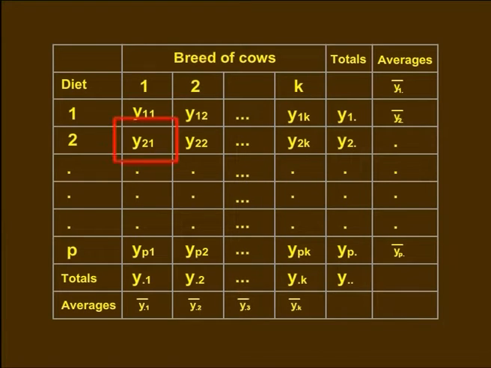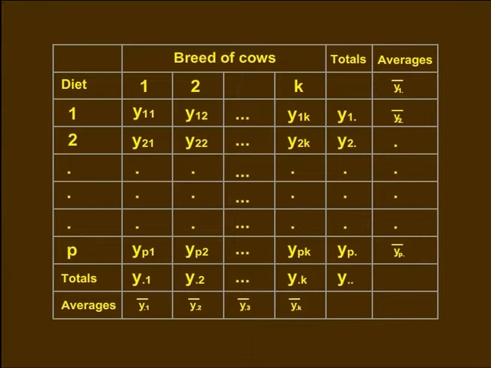Similarly, Y21 explains the value receiving the second diet from the first breed group, and Y2k the value receiving the second diet from the kth breed group, and so on. Yp1 explains the value receiving the pth treatment from the first breed group, and Ypk explains the value receiving the pth diet from the kth breed group.